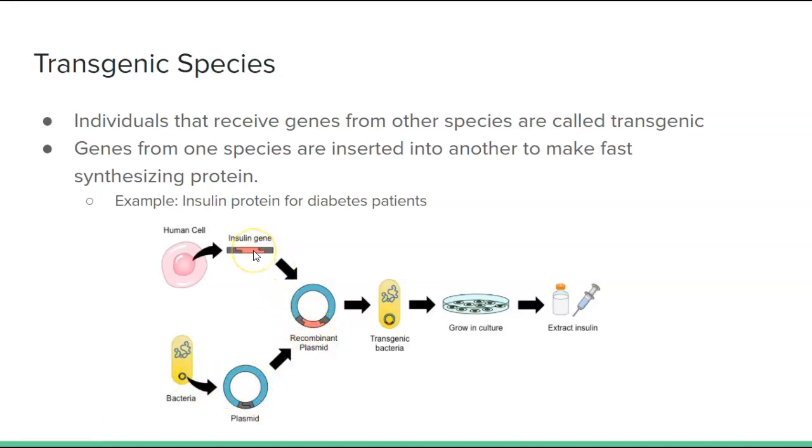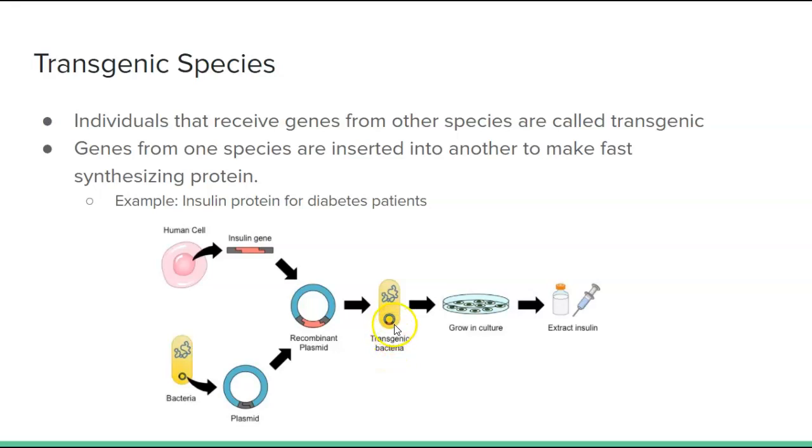We took the gene of interest and we put it into this vector, this plasmid. And then we put it back into the bacteria. You can see down here, it's got that insulin gene at the bottom. So now this bacteria is transgenic because it has genes from two different species in it: a human gene and its normal bacterial gene.